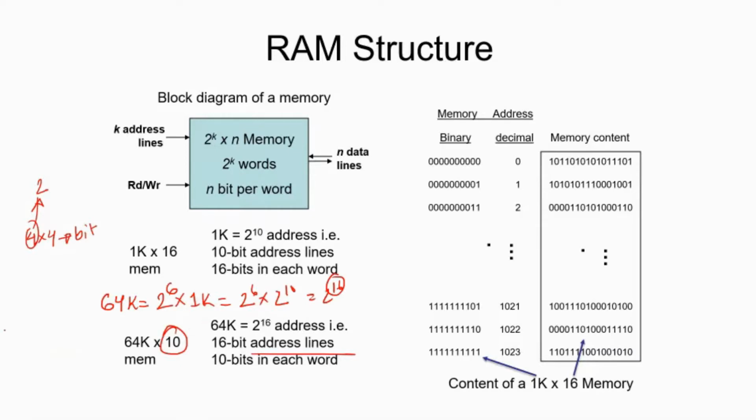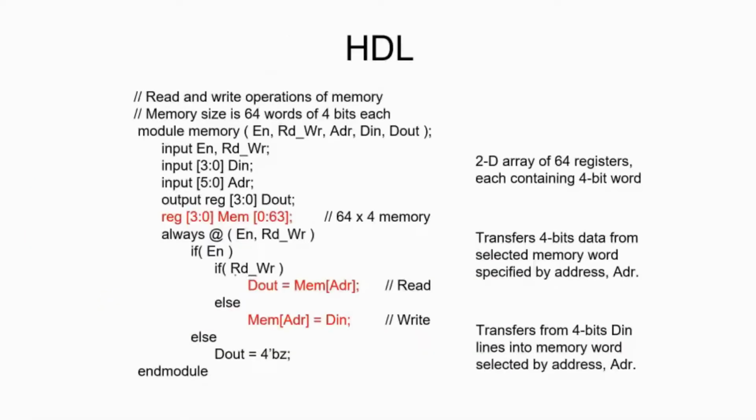Now how do we define or declare a memory in HDL? Let's talk about that. In HDL, the only thing that you should be worried about is the dimension of the memory.